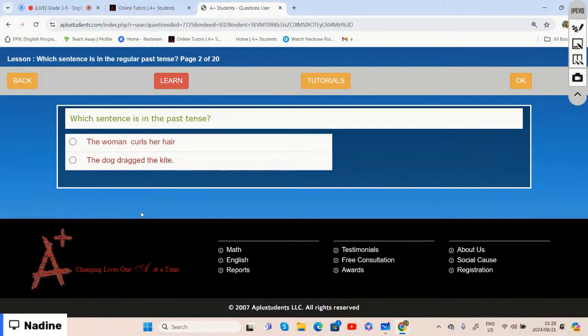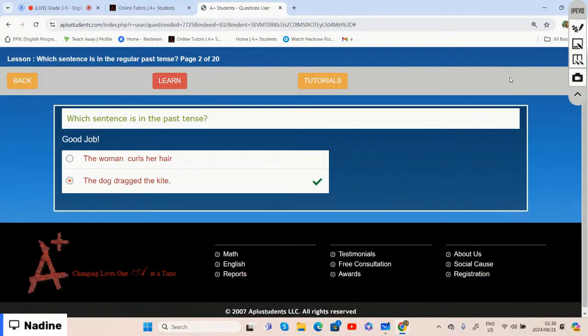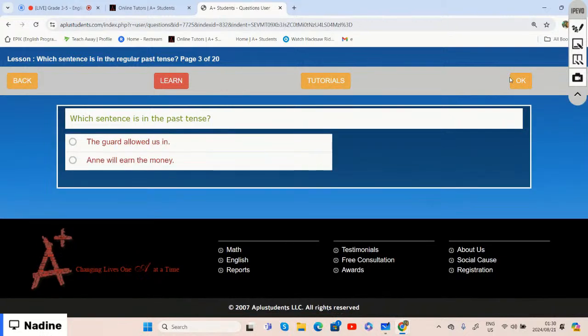All right, and if we were to select the sentence that's in the past tense, then yes, we will choose option B. The dog dragged the kite. So well done. Option two is correct.